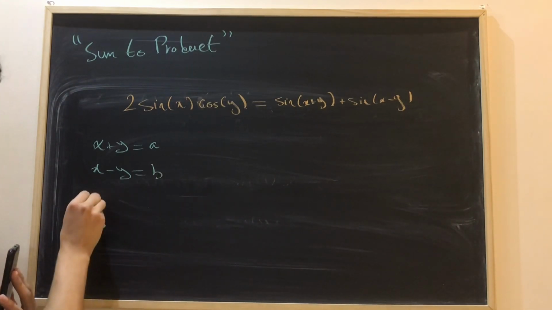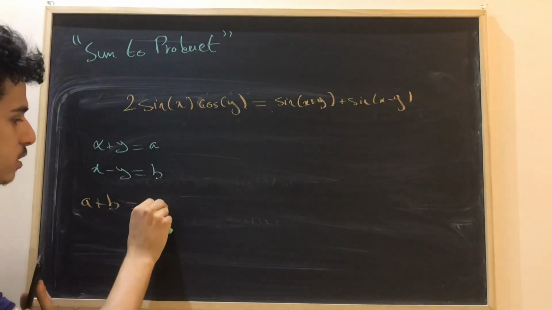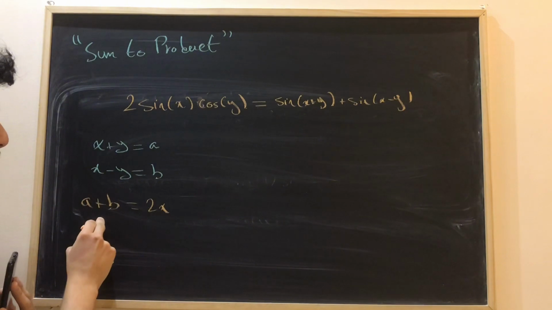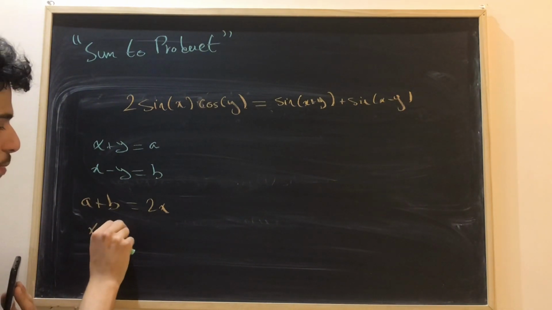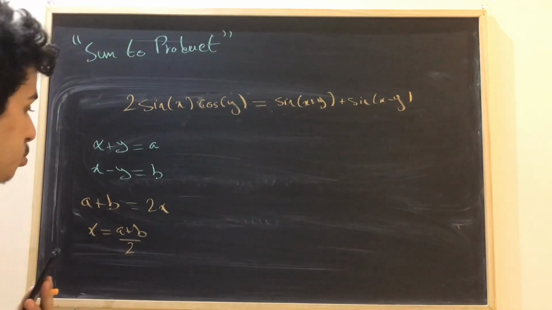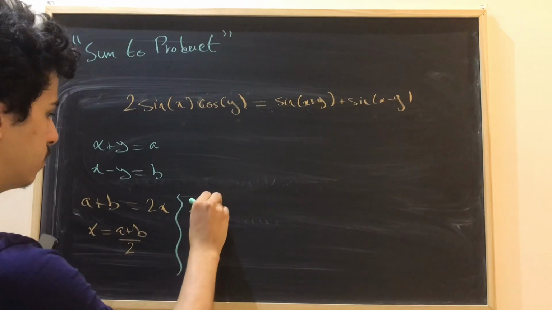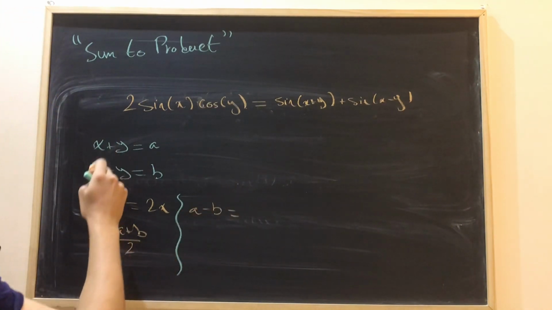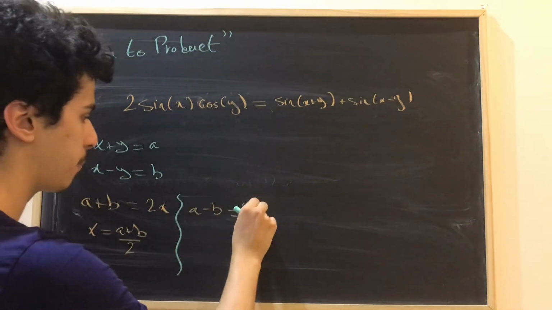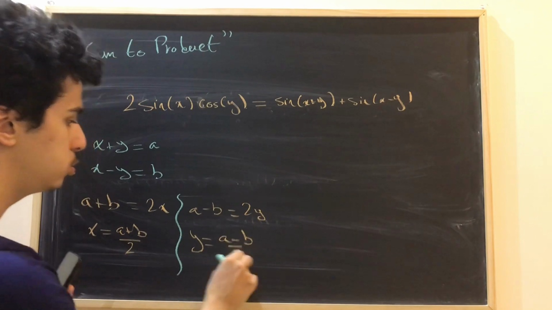Adding a and b, a plus b, you get x plus x, 2x, and y minus y, which is 0. 2x is a plus b, so that means x is a plus b over 2. Very nice. Now subtracting them instead, we'll get a minus b is equal to x minus x, 0. Y minus minus y, that's 2y. So y is equal to a minus b over 2.